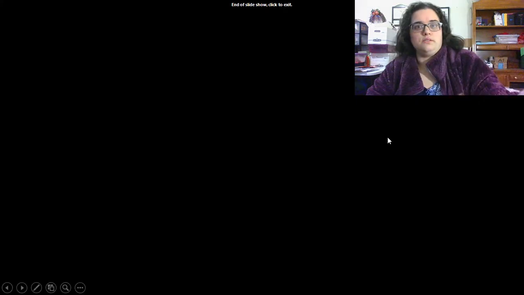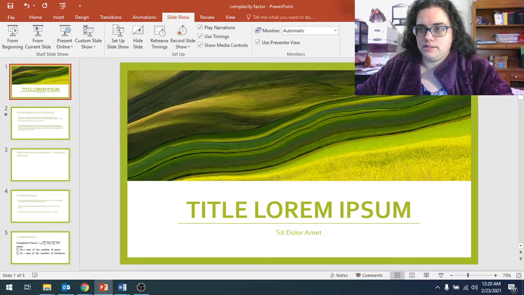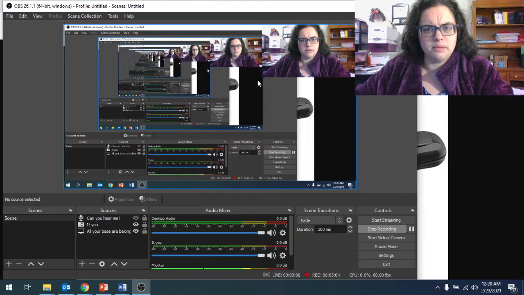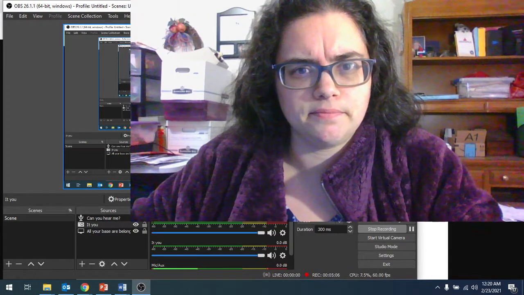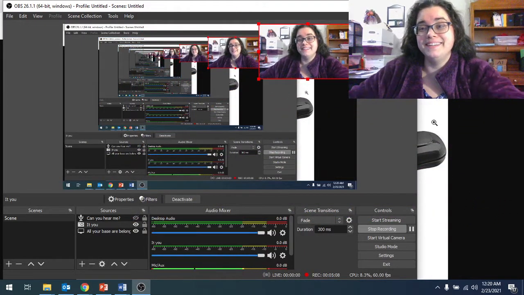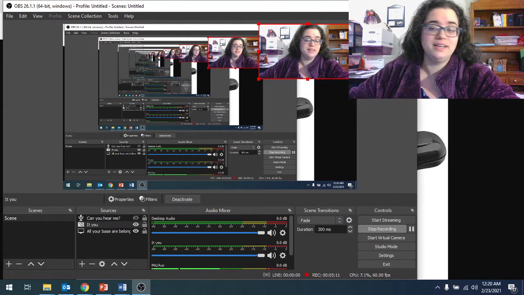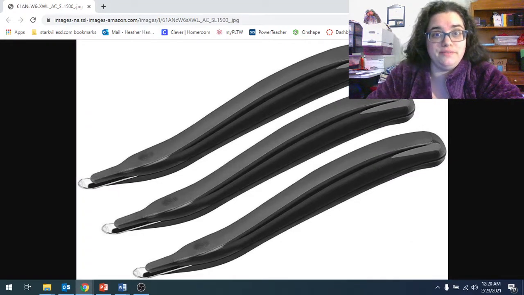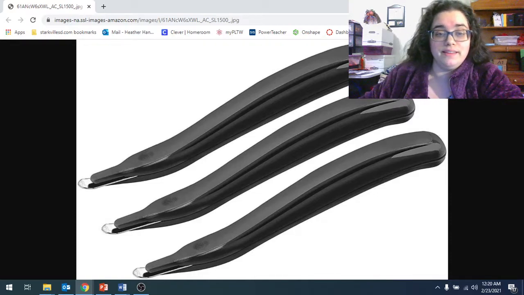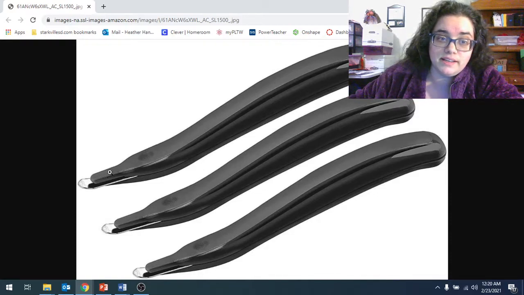So what does this look like when we're comparing products? Let me make myself larger so you can see. I was going to show you a picture. This is a picture of a staple remover. It has a top plastic piece, a bottom plastic piece, and a metal piece right here.